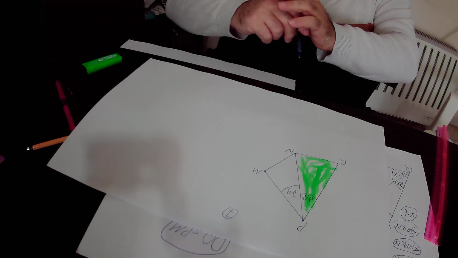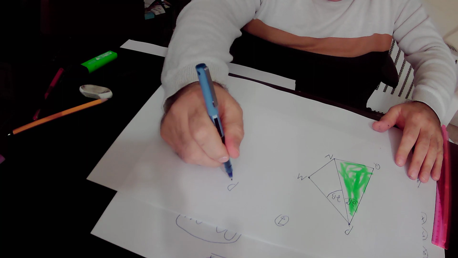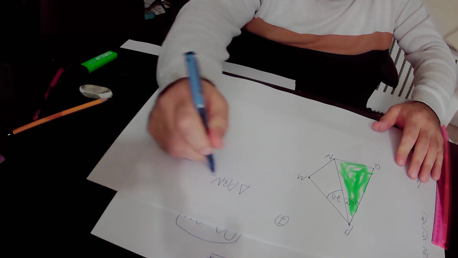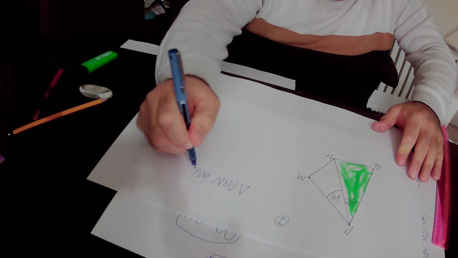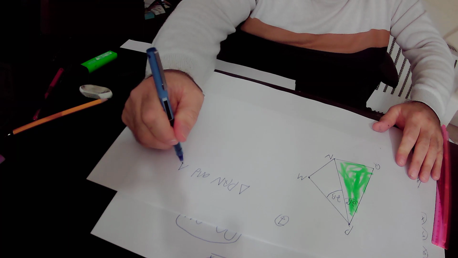I will write down the two triangles: we will prove that triangle PQN, the green triangle, is congruent to triangle PNM.